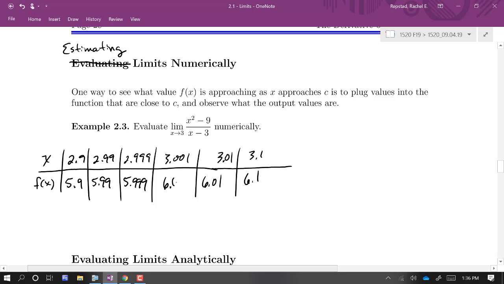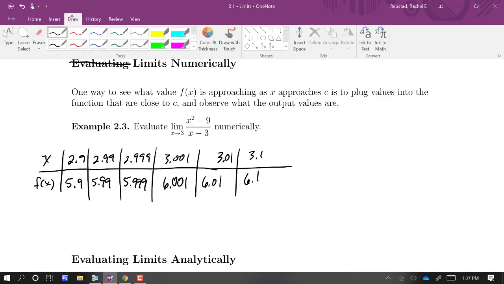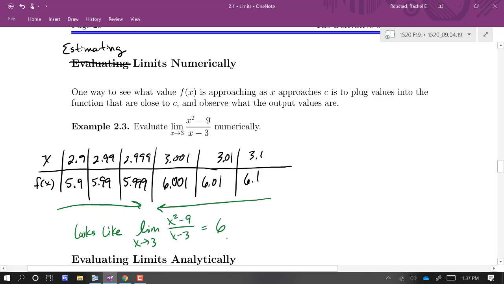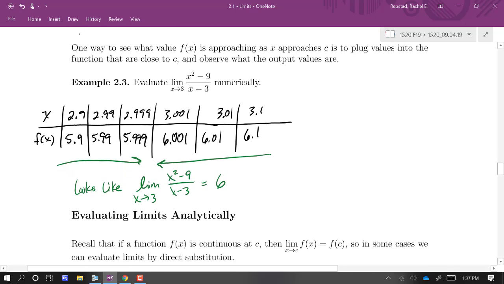And the best I could do at this point is say, well, I'm pretty sure it really looks like the limit as x approaches 3 of x squared minus 9 over x minus 3 looks like it's going to be 6. Right, because those are what my outputs keep getting close to from either side.